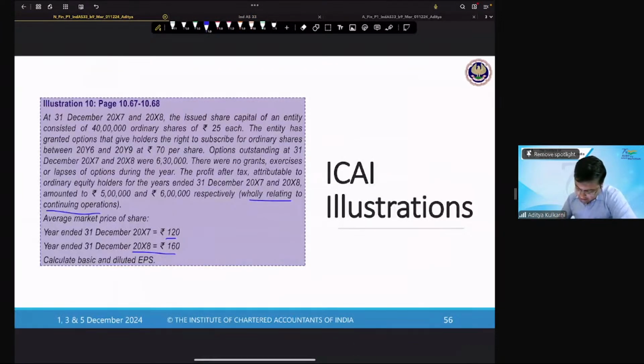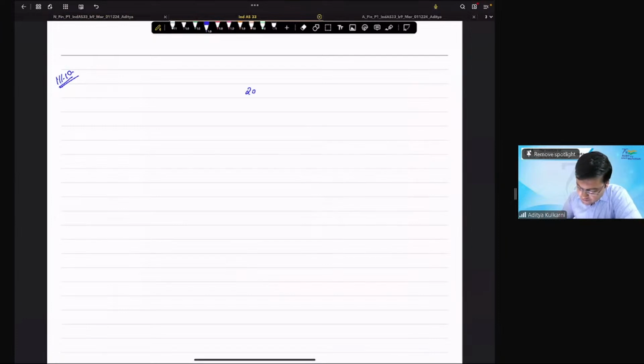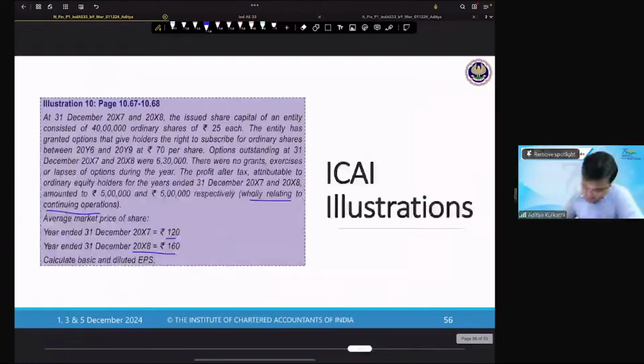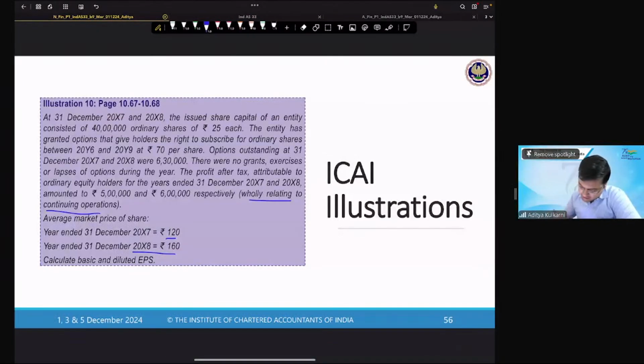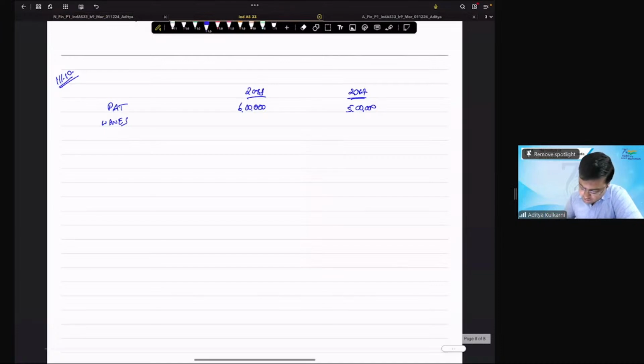So profit after tax is 5 lakhs and 6 lakhs respectively. Weighted average number of equity shares is nothing but the number of shares in issue, that is, I think 40 lakh ordinary shares.